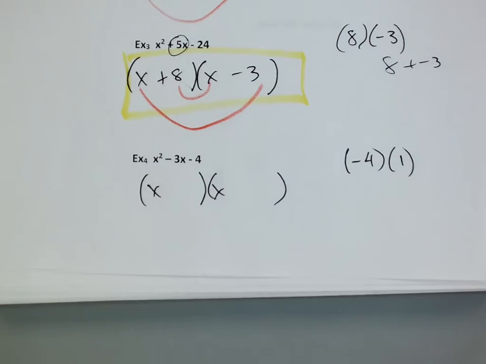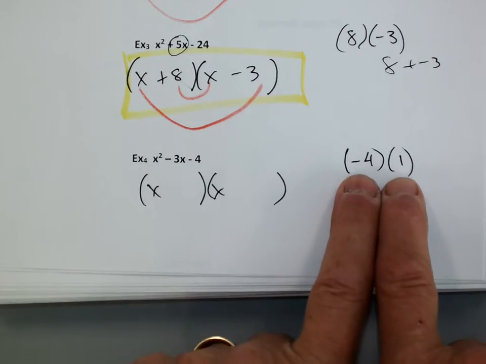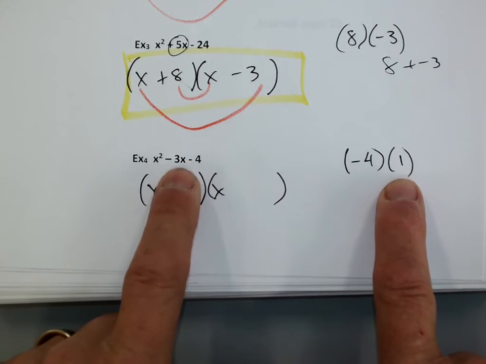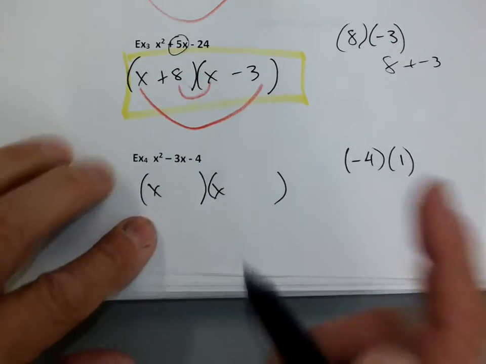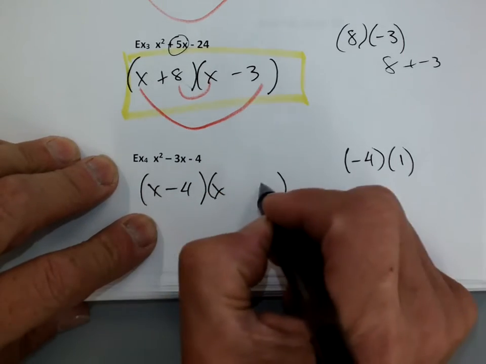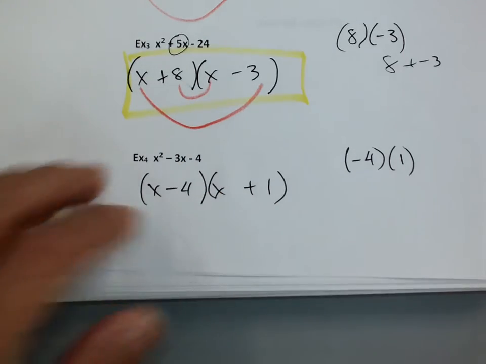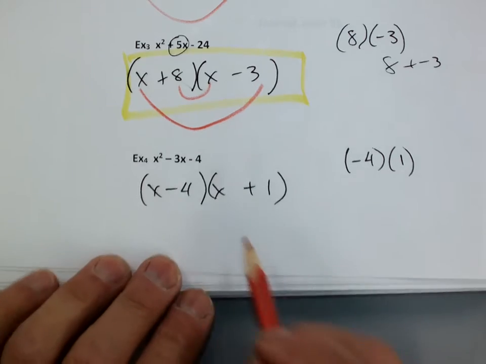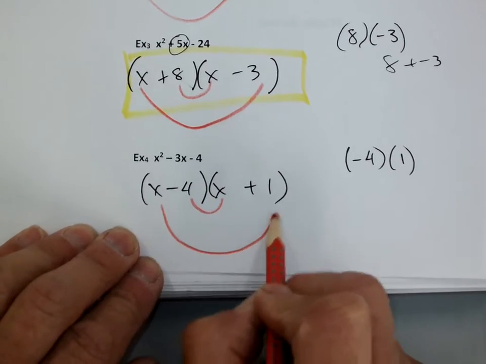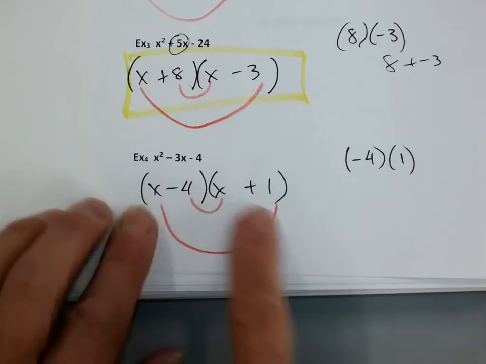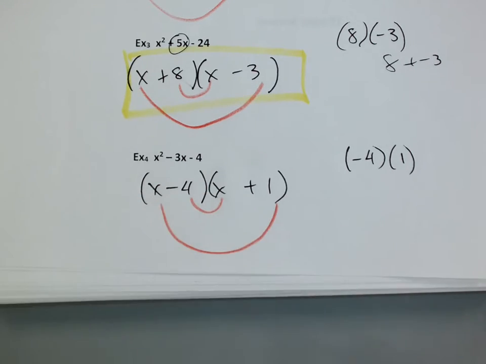I like that combination because when I add them, it'll make the negative 3. When I multiply them, it'll make the negative 4. So I can put down my negative 4 and my positive 1. Again, you can check by checking out your, I call it the double smiley, negative 4x, positive 1x, okay? And that should make my answer.